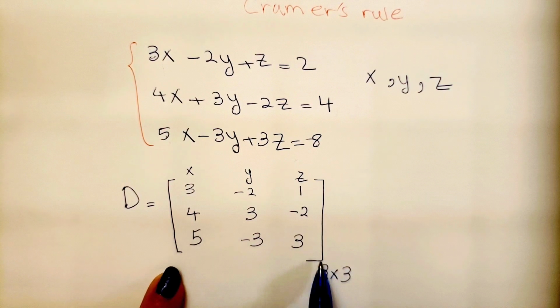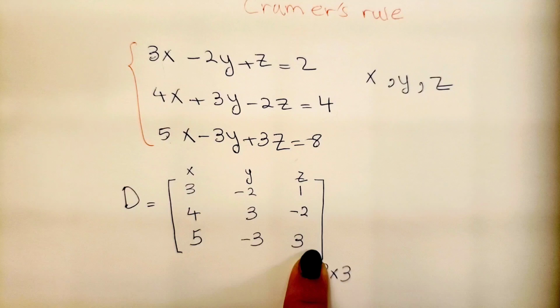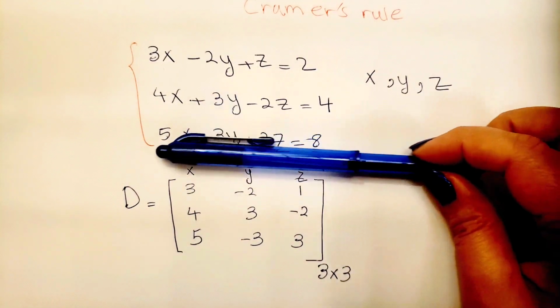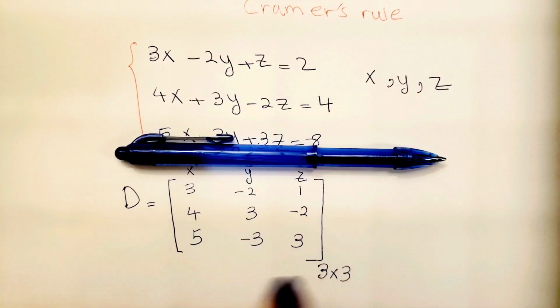Here I formed the matrix. This is the symbol, and the size of the matrix is the number of rows times the number of columns. Let me make it clear that x, y, z are not part of the matrix. I just put them to remind myself what each column is for.